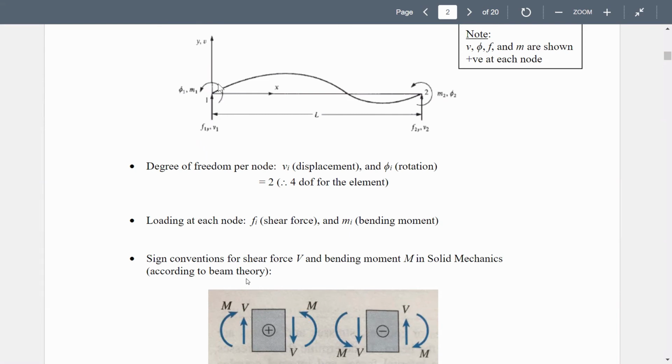Now look at the moment. Counterclockwise positive. In solid mechanics, is it positive or negative? Positive. Positive. Anyone agrees with your friend or anything else? Yeah, I think it's positive too.